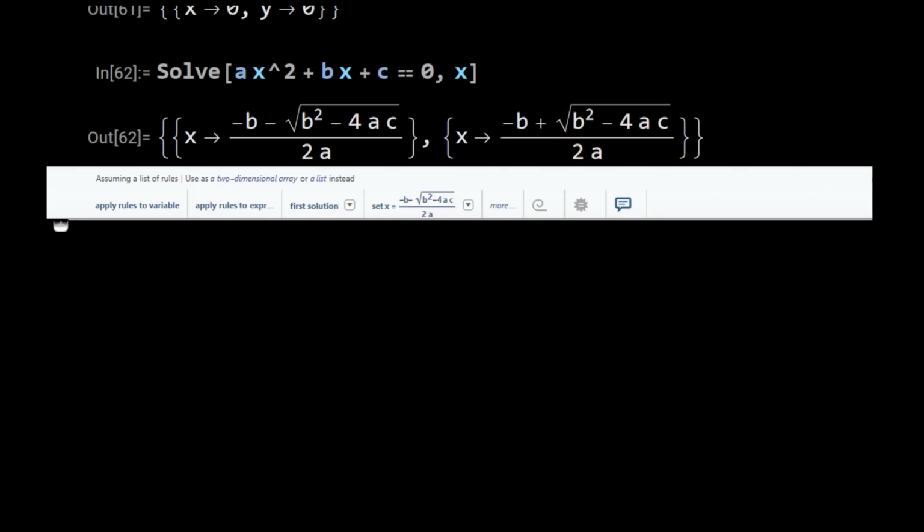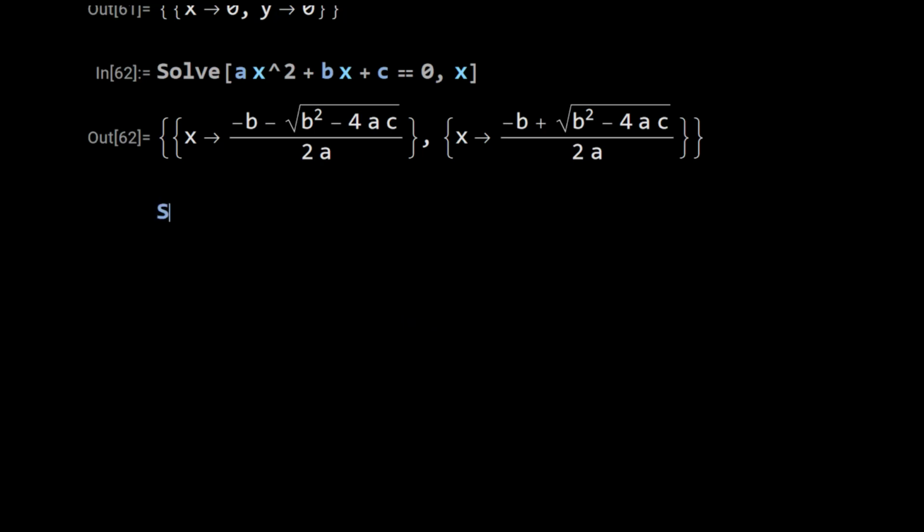In fact, we can play the same game by solving, let's say, a cubic equation. So a x, make sure you put a space in between two variables. Otherwise, if you have two variables stuck together, for example ax, Mathematica will just see this as one variable. It sees one word, because words can also be used to store variables.